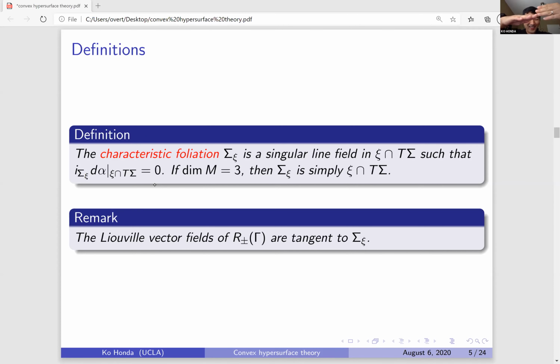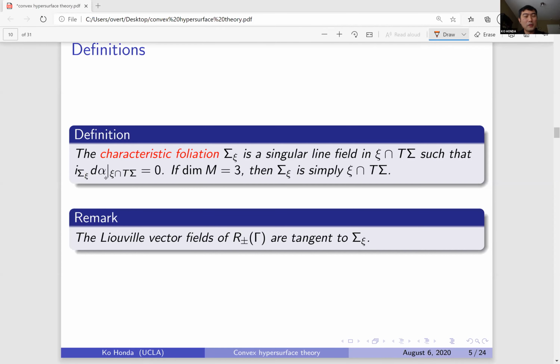Sigma has dimension 2n, C has dimension 2n, and they're both sitting inside a 2n plus 1 dimensional manifold, so they generically intersect along something of dimension 2n minus 1. That's C intersect T Sigma, and d alpha wants to be as symplectic as possible, which means it's maximally non-degenerate, so there's actually one direction that's still in the kernel. Basically, the characteristic foliation is the one direction in the kernel.